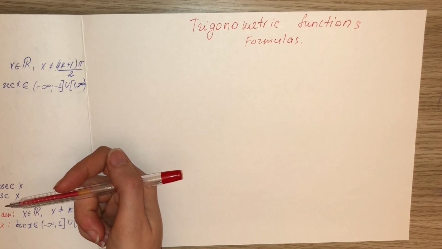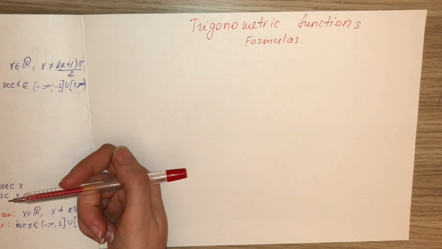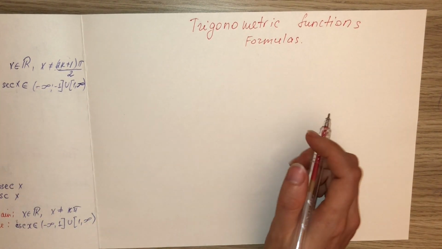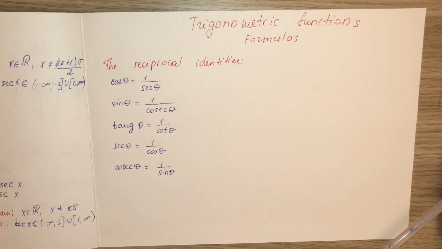The reciprocal identities are given from the definitions of the sine, cosine, tangent, secant and cosecant functions.